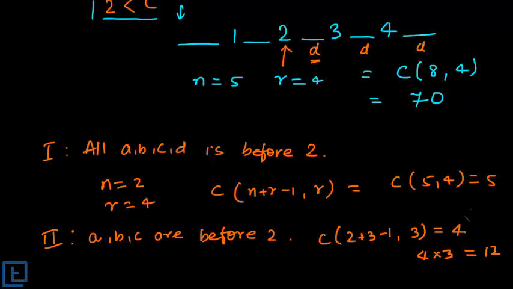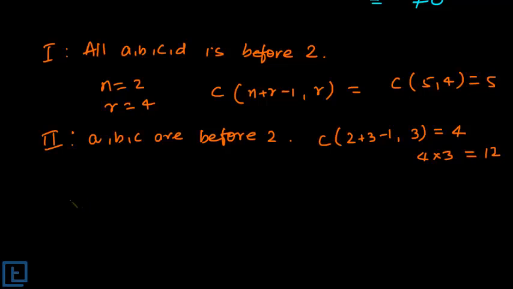Okay, so the total number of violating cases we have is 12 plus 5, which is equal to 17. So the total possible arrangements is 70, from which we subtract 12 plus 5, which is equal to 53.